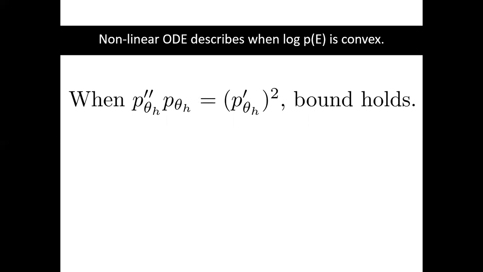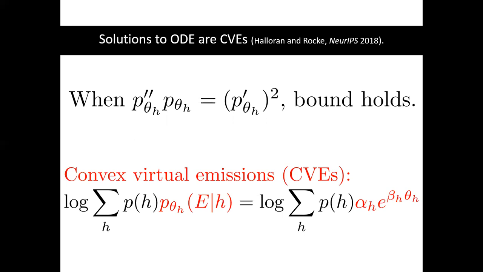But again, if you have mounds of paper, and if you're a little lucky, then you can actually show that this specific nonlinear ODE has a unique and closed-form solution, which looks like the following. The class of functions for which this nonlinear ODE is satisfied corresponds to the functions highlighted in red: alpha times e to the beta theta.